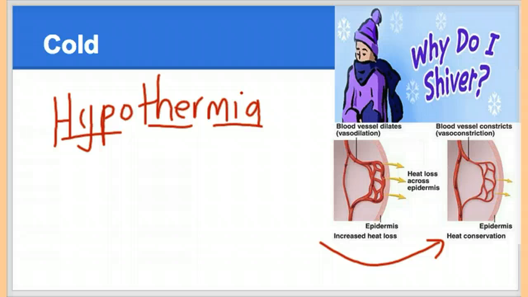Hypo means low, hyper means high. I just want to say that because when you think about high temperature, when it's too hot, you have hyperthermia. And when it's too cold and the temperature drops, it is hypothermia. Just something to remember the vocabulary a little bit better.